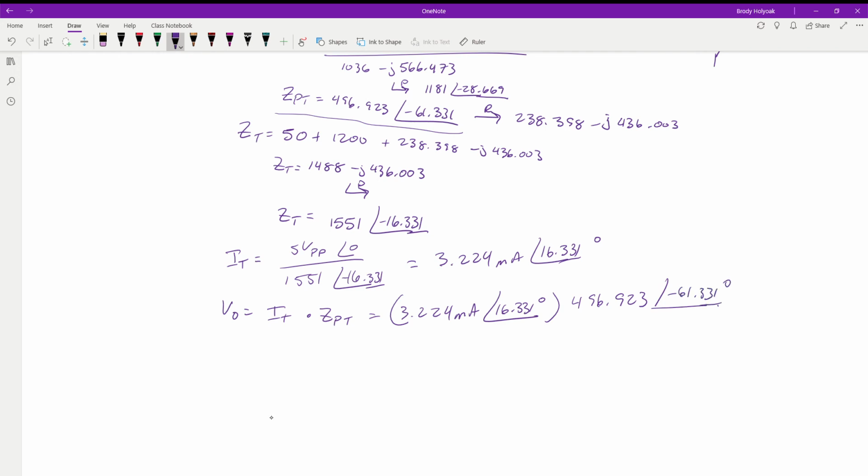So again, we multiply the constants together, add the angles together. So the V out we get is equal to 1.602 volts peak to peak at an angle of negative 45 degrees. And there's where we should see it.